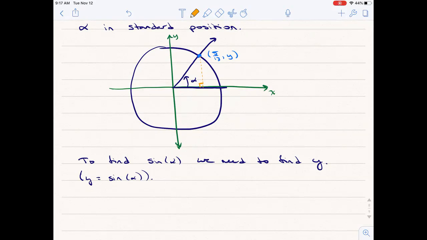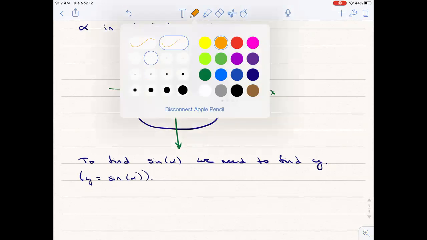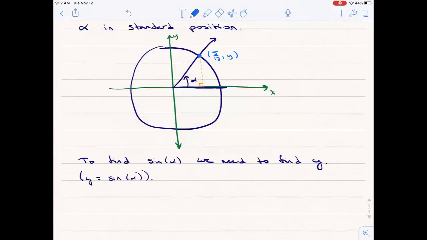So far, nothing new, I don't think. This distance of x we know is 5/13. Because we're on the unit circle, this distance must be 1, because the radius is 1.